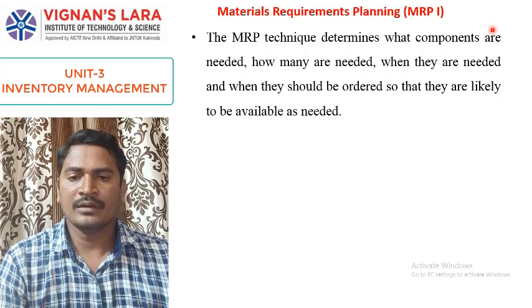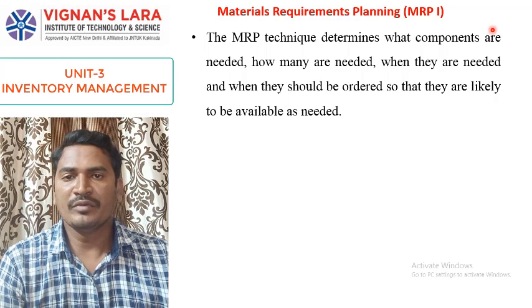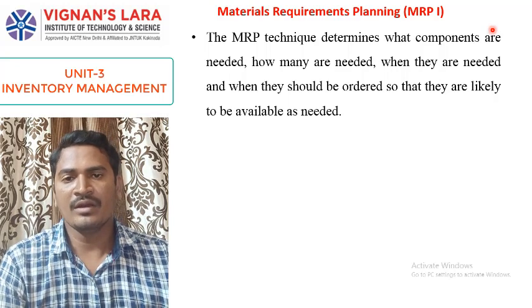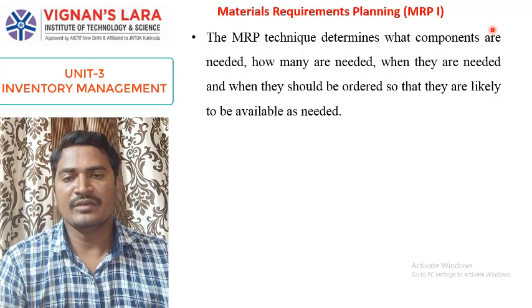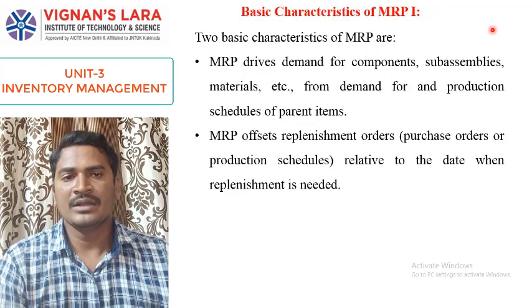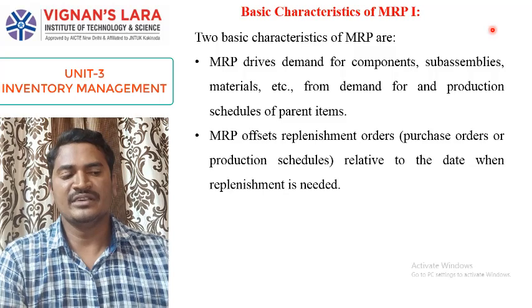Sometimes we have the raw material and we start the production. After a few days, a raw material shortage may occur, or the stock may run out. Based on that stock or production, we give pre-orders for the raw materials so that they are likely to be available as needed.